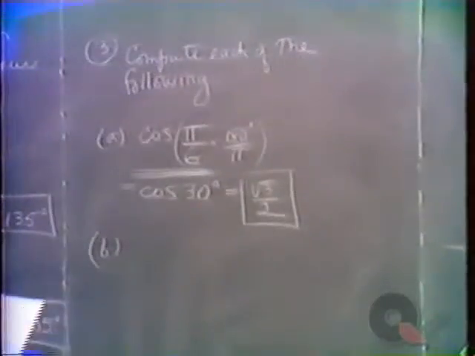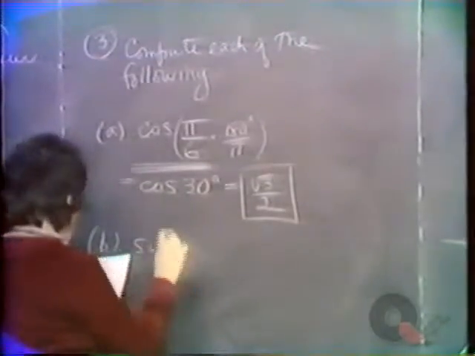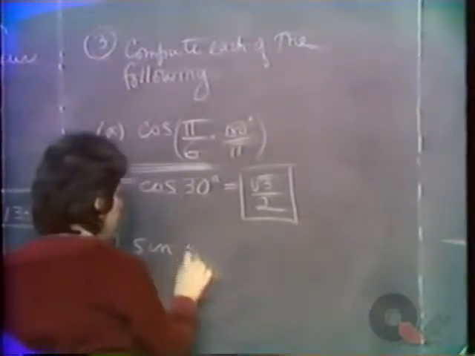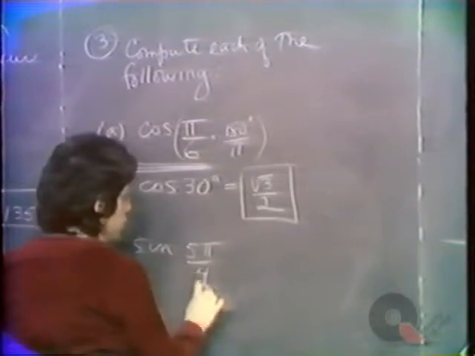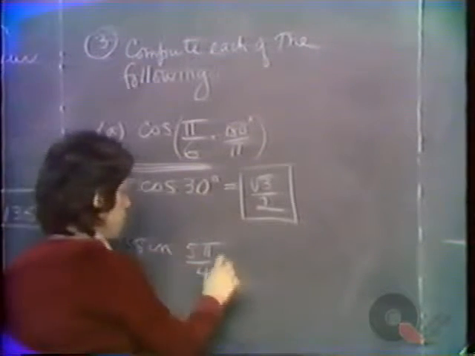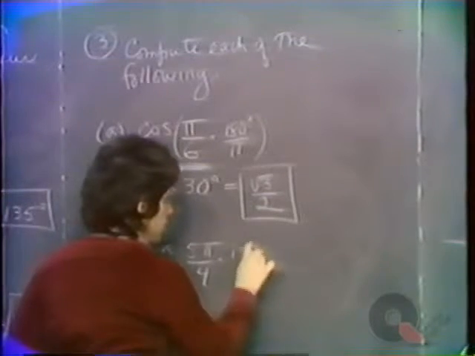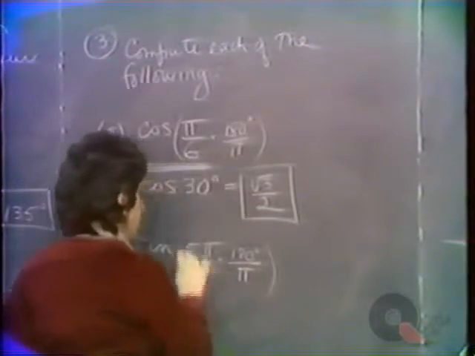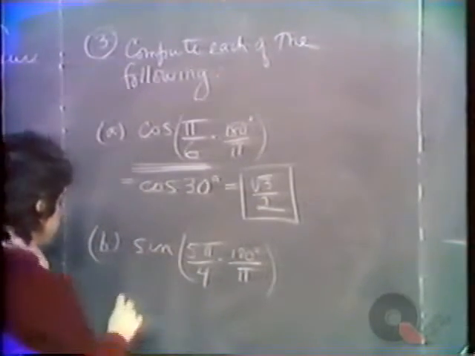Okay, in problem B, we want the sine of 5 pi over 4 radians. First thing we're going to do is to multiply by 180 degrees over pi to get the equivalent in degrees.